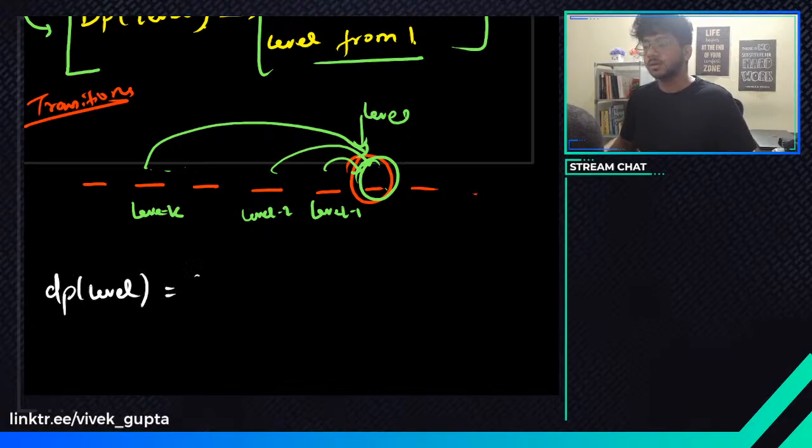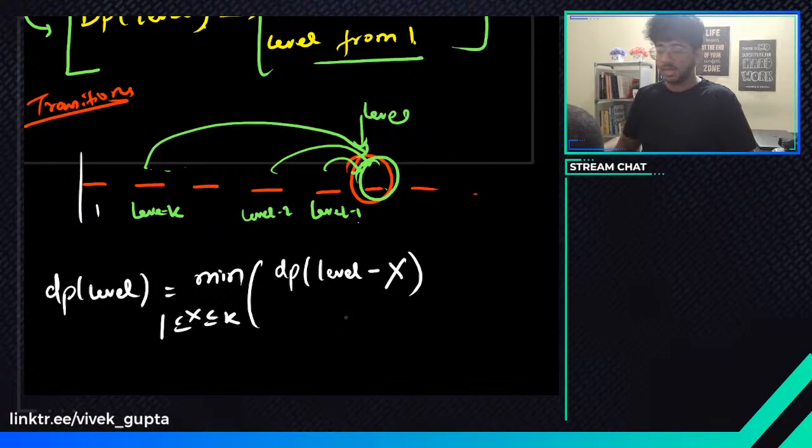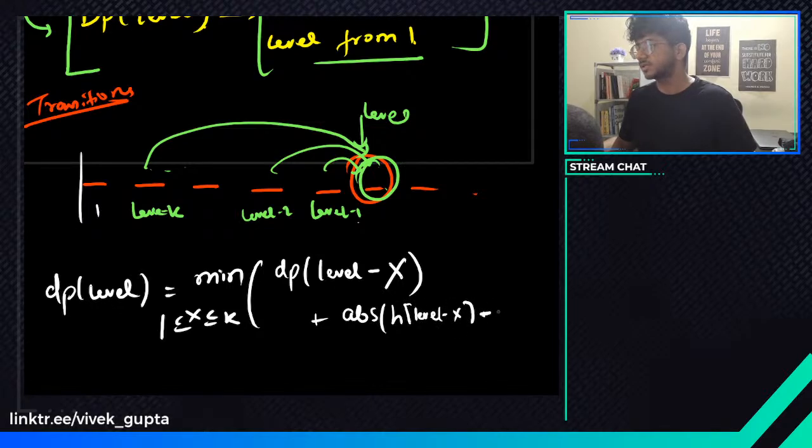to min across all different things, dp of level minus x. Let's say this x is going to range from k till 1. You can go back k steps provided it is a valid state, right? It is not going beyond point 1, plus abs of h of level minus x minus h of level.